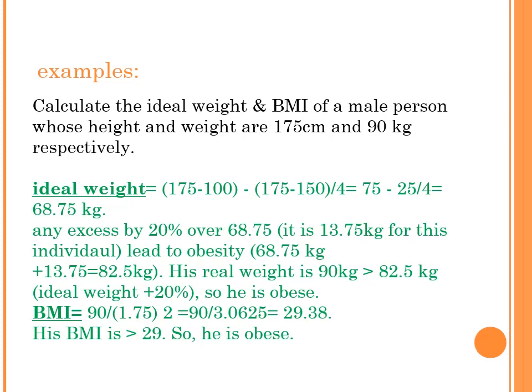If we add this 13.75 kilograms to the ideal weight, which is 68.75, we will get 82.5 kilograms. If the weight of this individual, whose height is 175 centimeters, is 82.5 kilograms and above, he is obese.